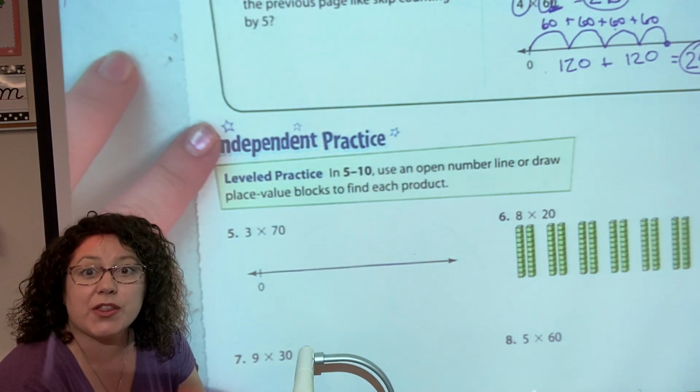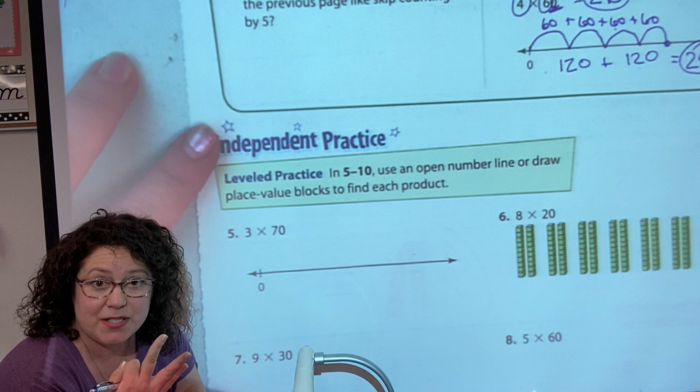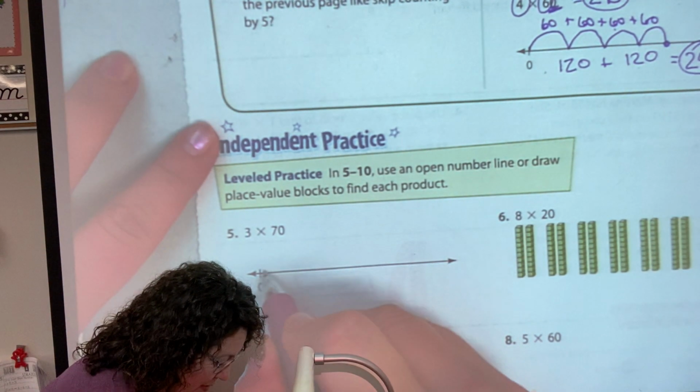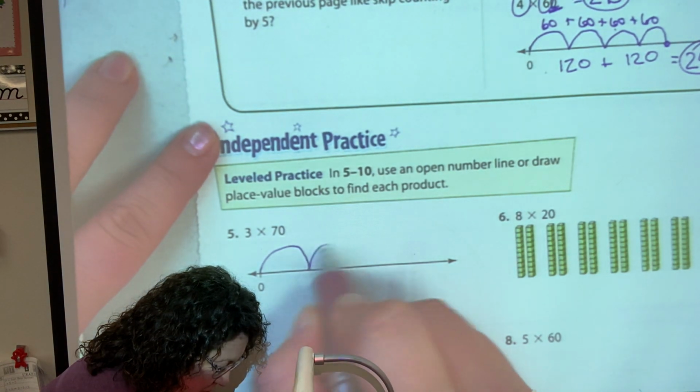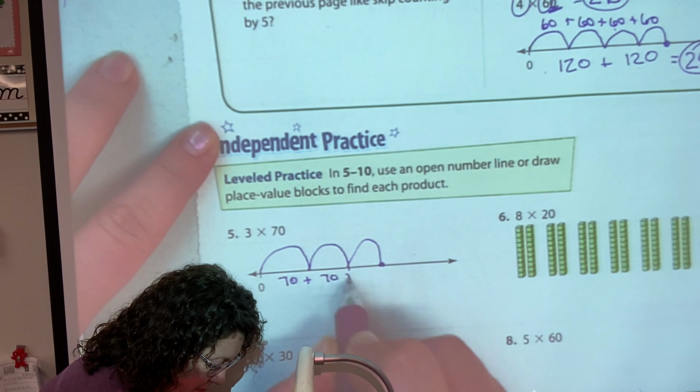3 times 70, 3 groups of 70. How many jumps? 3 jumps, 3 groups, and what's in each jump? 70, yes. 1, 2, 3. 70 plus 70 plus 70.